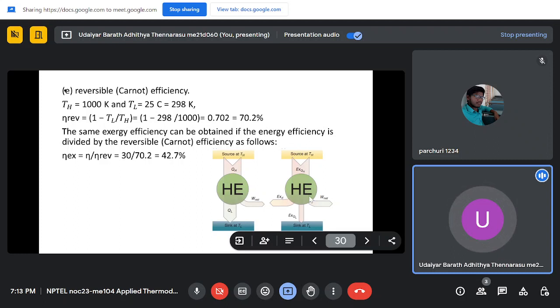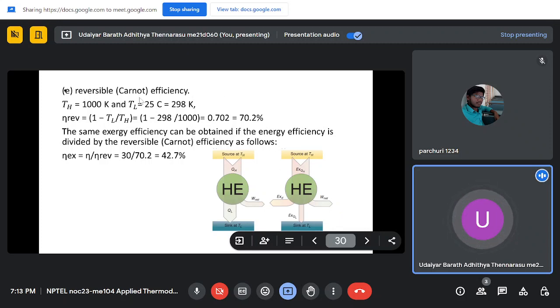The exergy coming in equals the exergy going out. That is the exergy balance equation which we saw, and the exergy coming in is distributed across the exergy going out. That fraction, 30 kilowatt, is what you are getting as W net.